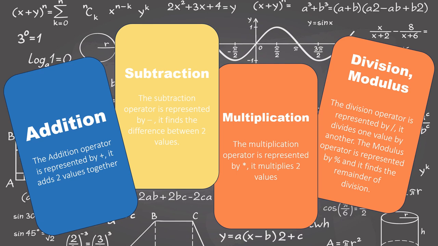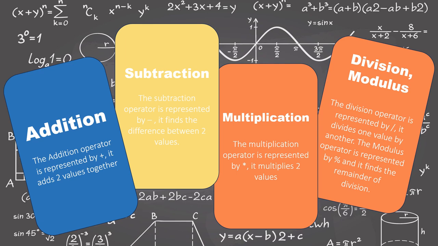It finds the difference between two values. The multiplication operator is represented by an asterisk, not a multiplication sign. It multiplies two values. The division operator is represented by a forward slash, not the normal division sign. It divides one operand by another.